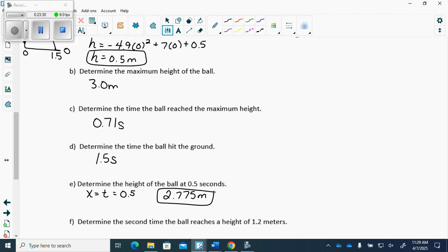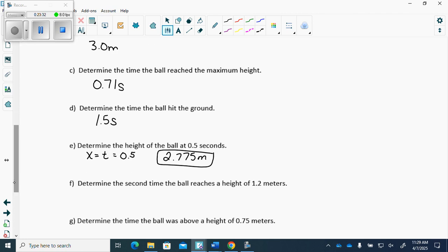And then determine the second time. So when I go to my y equals and I put in 1.2, there's 2 times it crosses, correct? Sometimes it asks for both times. This one asks for the second. So I need to get my intersection close to the first or the second intersection, and I get 1.32 seconds.